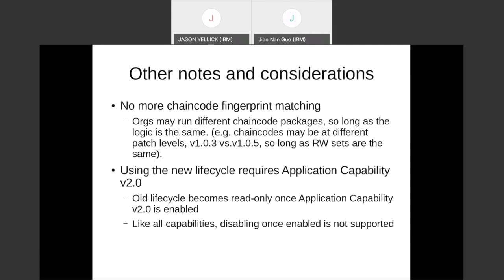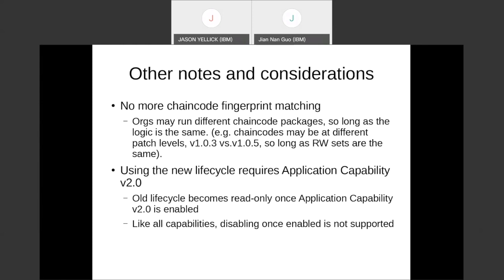If org1 installs a chaincode package and org2 installs a chaincode package, those can actually be different chaincodes. Now, they must implement the same logic, and by and large, we would usually expect them to be the same chaincode.